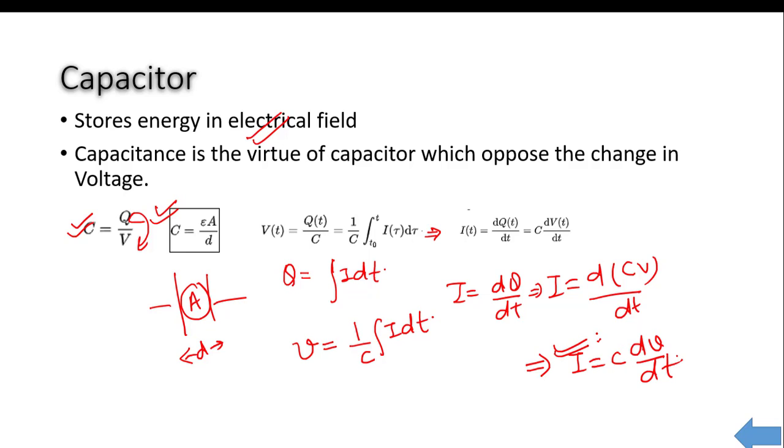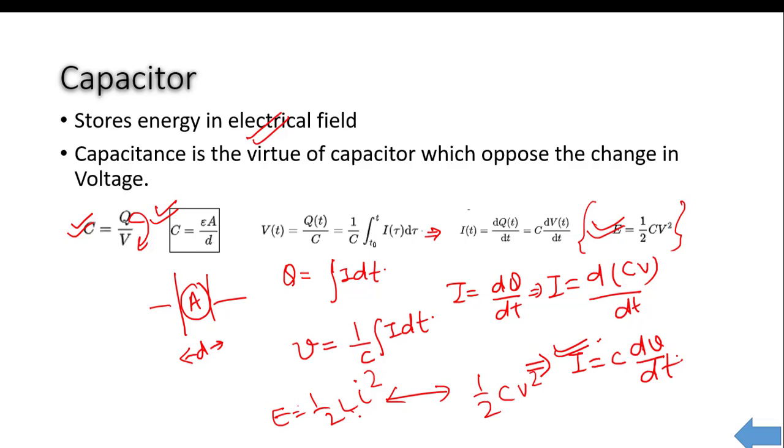right? And the energy stored in a capacitor is E is equal to half CV square. If you revisit, E is equal to half Li square in case of an inductor, whereas in a capacitor it is half CV square. So you have an analogy over here that L can be replaced by C and I will be replaced by V, because an inductor is opposing the change of current and a capacitor is opposing the change of voltage.